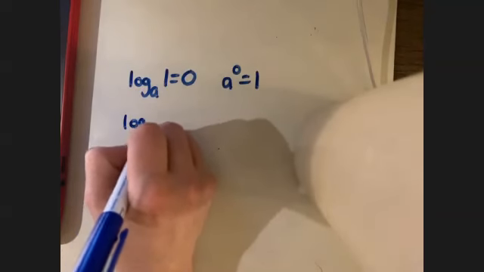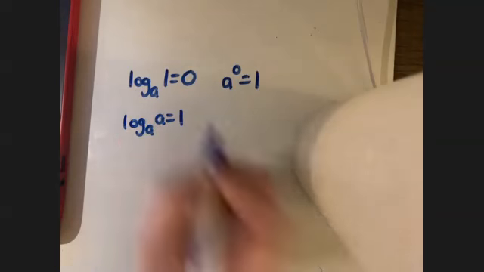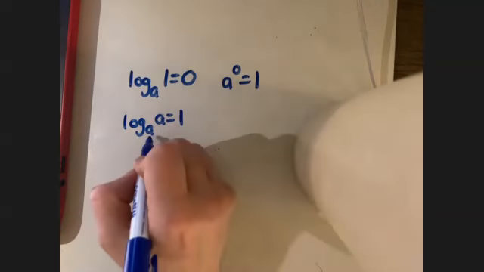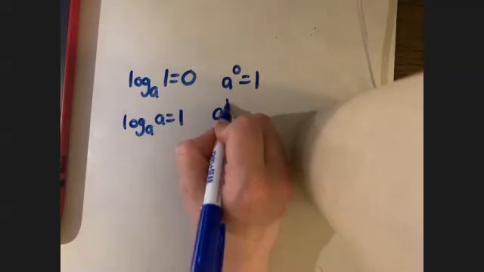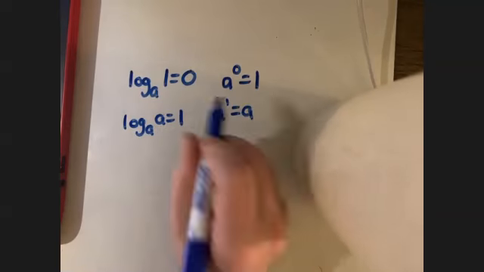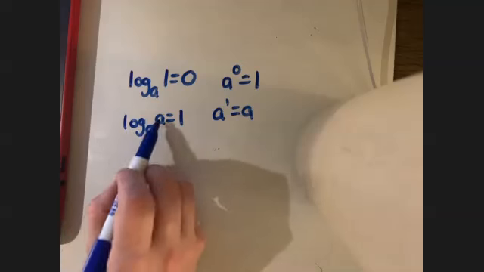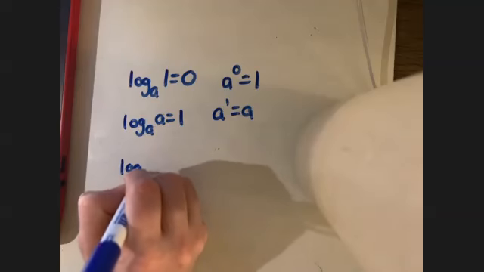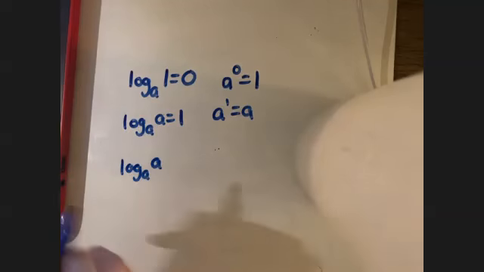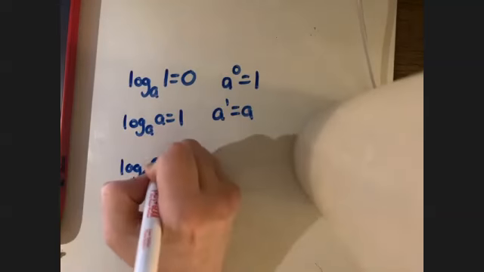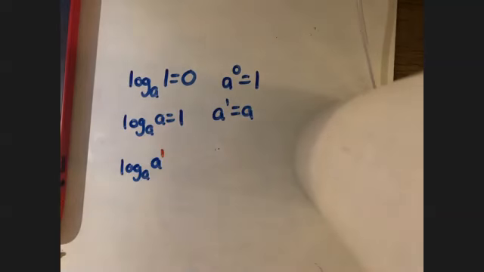Now, we also have log base A of A equals 1. And again, if you loop this out, you get A to the 1 equals A. Again, this was a rule that we knew over here. Now, one of the ways that we see this done, okay, is when we see log base A of A, we know that there is an exponent up here of 1 when they don't put something.